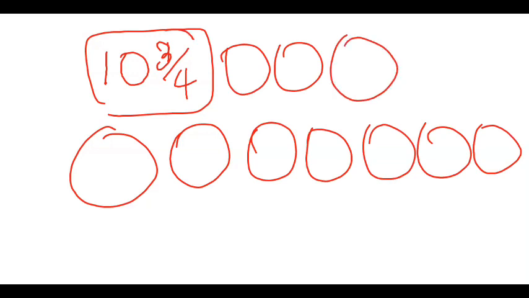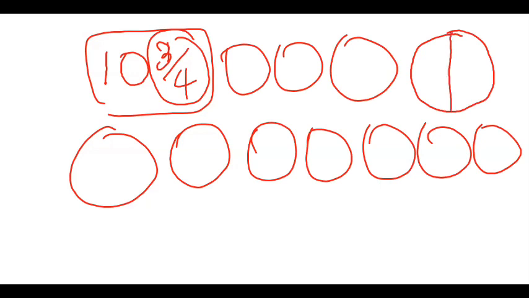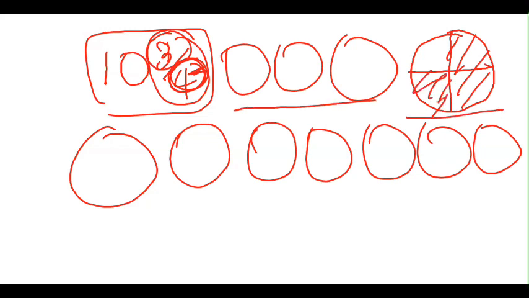And what about the fraction part? Fraction is nothing but part of one whole, right? So you write 1 cake, you divide it into 4 equal parts and shade the 3 parts. Fine, Aisha? Yes. So this indicates 10 is the whole number and 3/4 is a fraction. Understood?